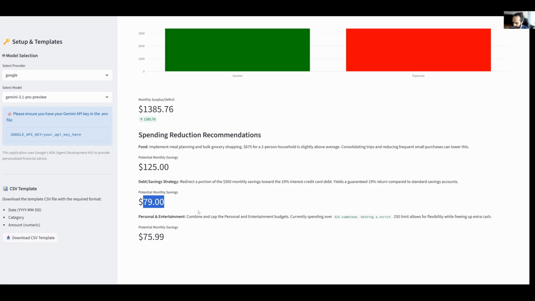And the last recommendation is to reduce expenses related to personal expenses and entertainment. It says that 325 is high, and by reducing it to a 250 limit, it permits us to save around $75.